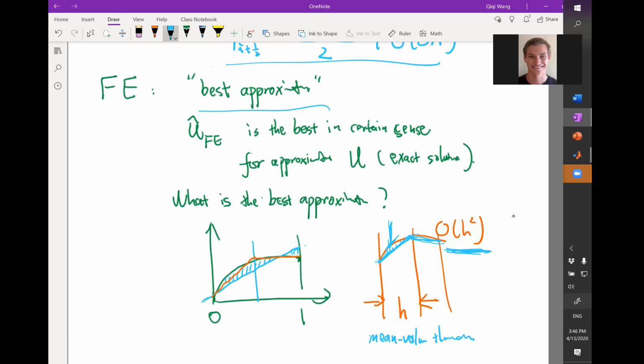So for the kind of Poisson equations we have been solving, it's the easiest one to prove that the finite element approximation is O(h squared) or O(delta x squared). And this is just to give you a sense of what goes into such mathematical analysis for the accuracy of the finite element solutions.